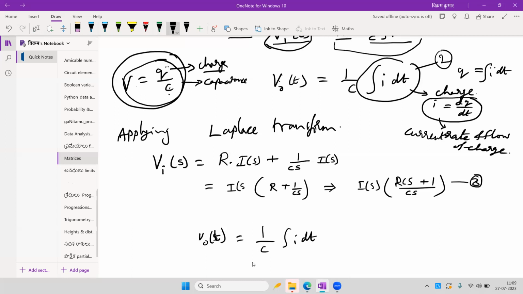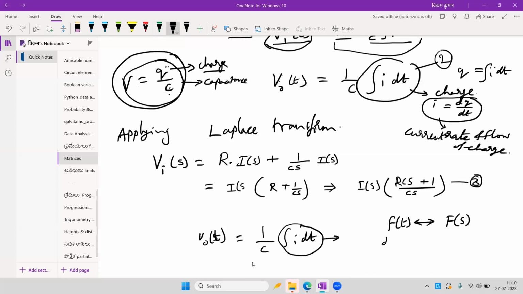So I will explain how that Cs came. For example, when you do the Laplace transform, suppose f of t, you will get capital F of s.